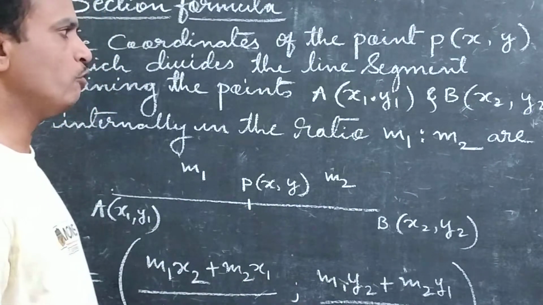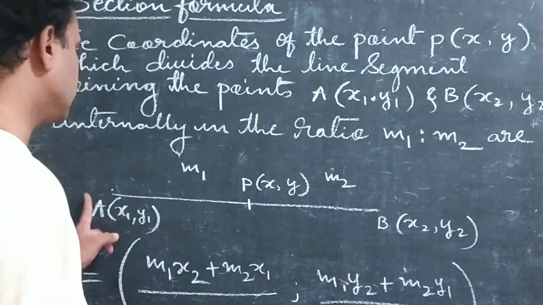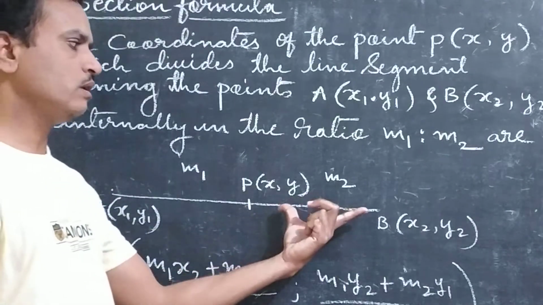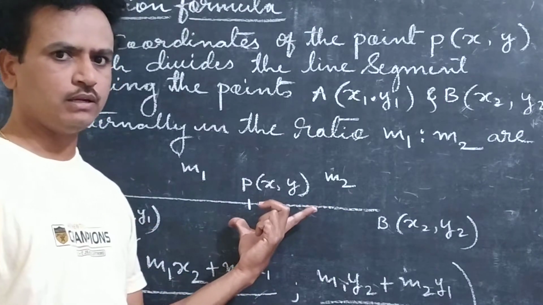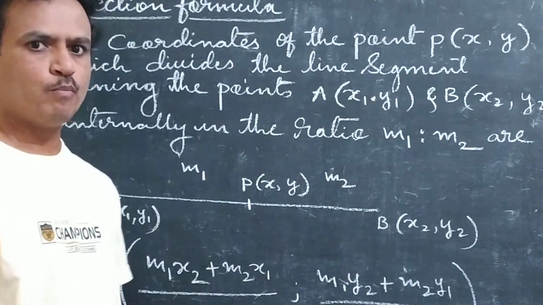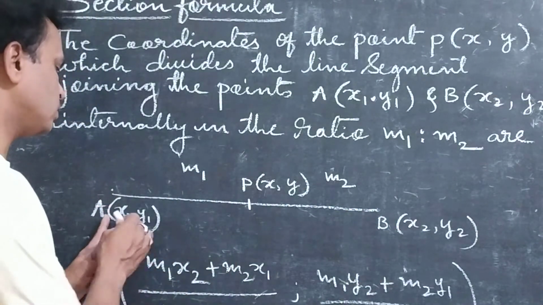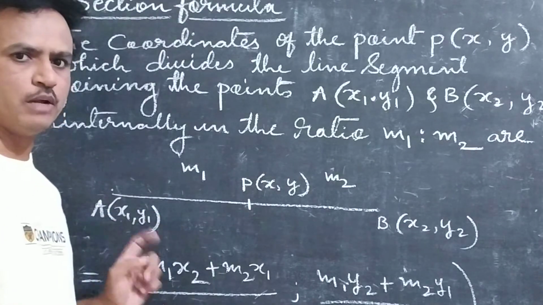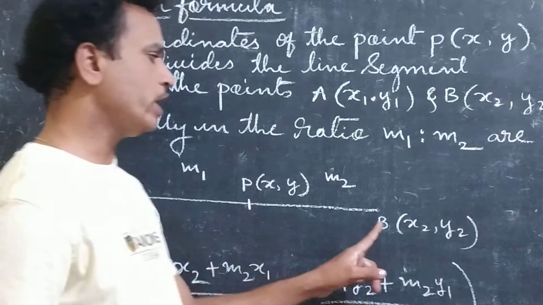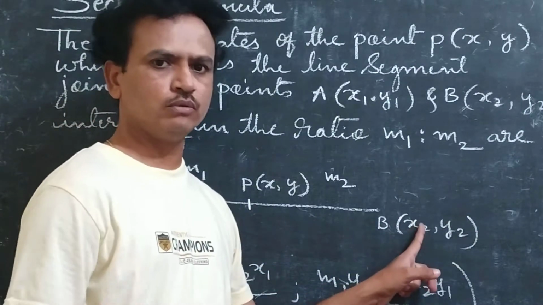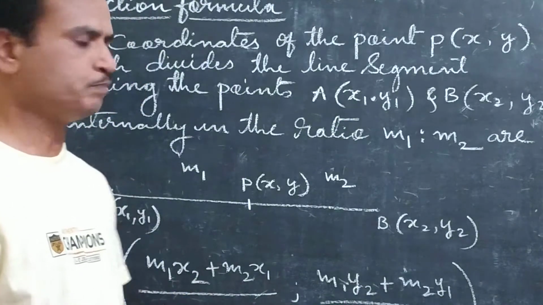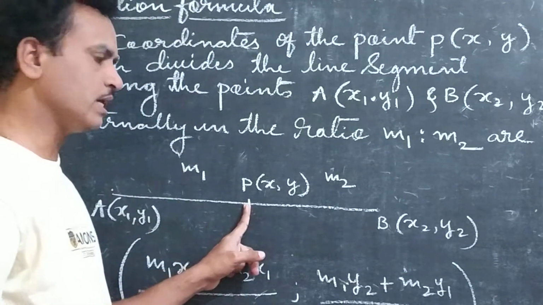Now we'll see how the formula is obtained. This one is the line segment AB, that means joining these 2 points A and B. Point A coordinates are given, x1 and y1: this is the x coordinate, this one is the y coordinate. Then point B, x2, y2: the first one is the x coordinate and the second one is the y coordinate. Now one point P is there.